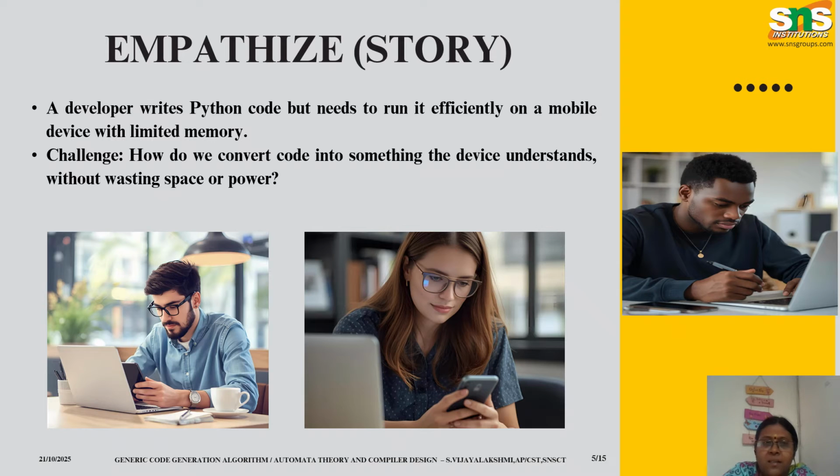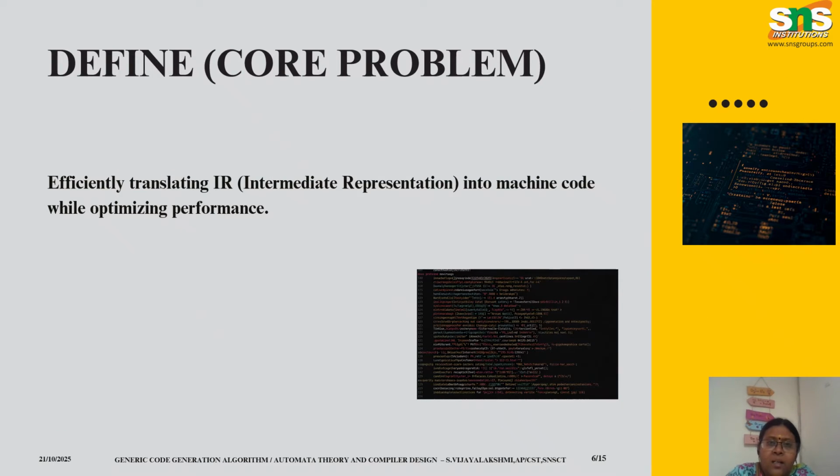But the challenge is how do we convert the high level or intermediate code into efficient machine instructions that use minimal power or minimal resources. That is exactly the purpose of code generation. The main problem is efficiently translating IR.